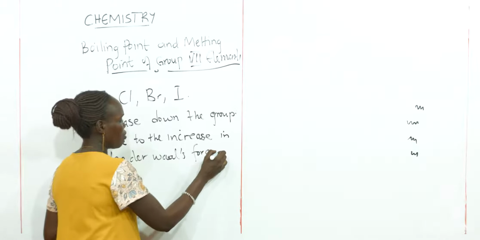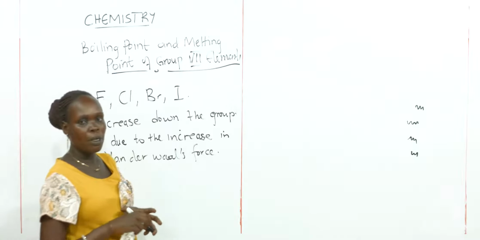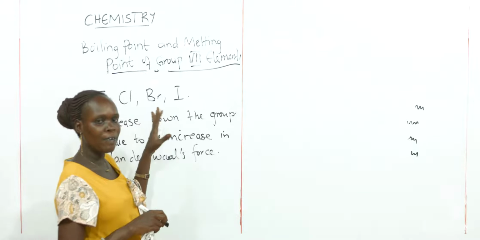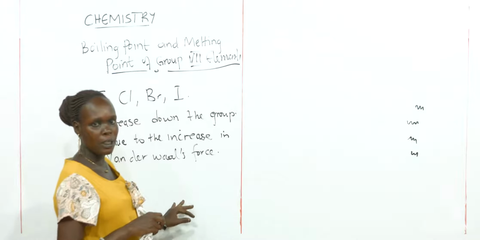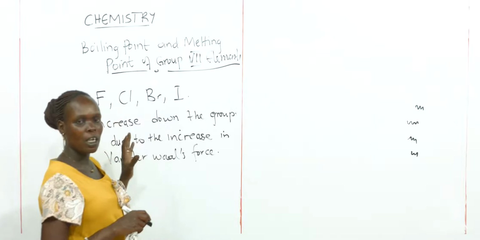Why? Because the forces between the molecules, from the first element, fluorine, to the last element, iodine, are much harder to break. That is why the van der Waals force has increased, and it means the melting point and also the boiling point have to increase. So in this case, the force is responsible for the trend.